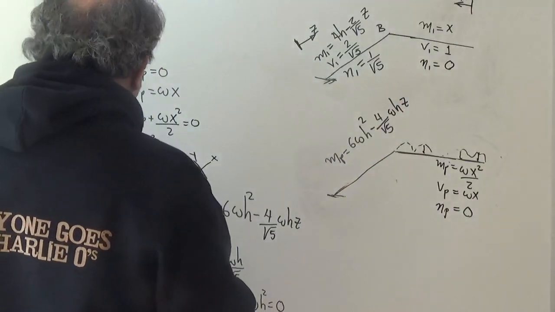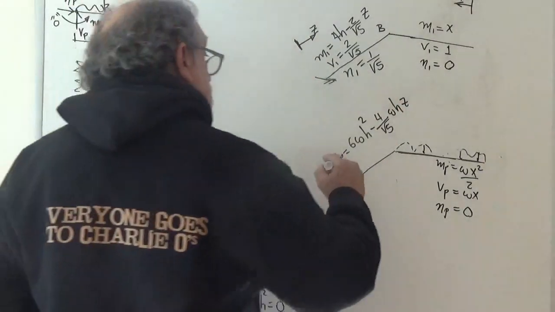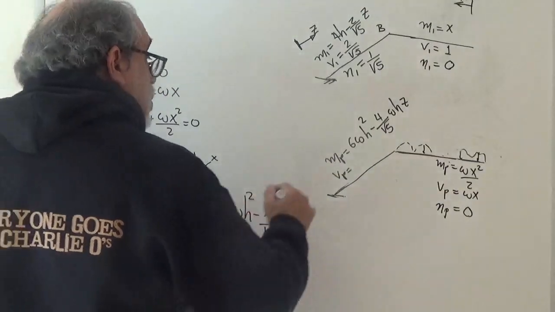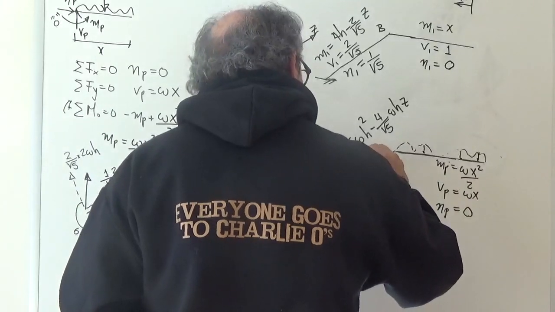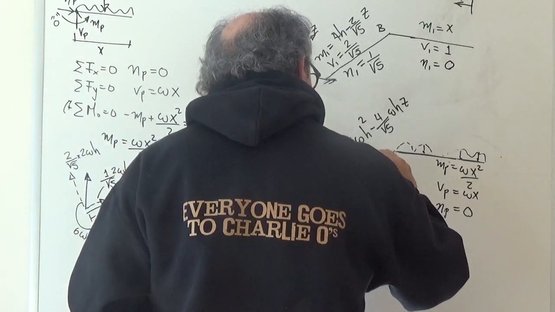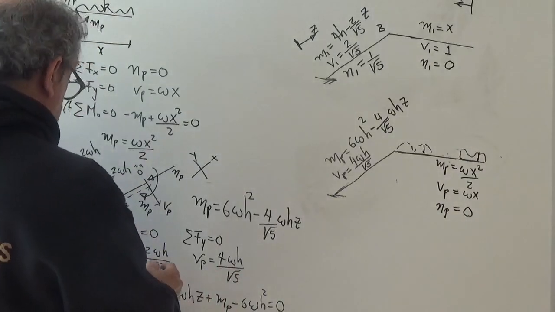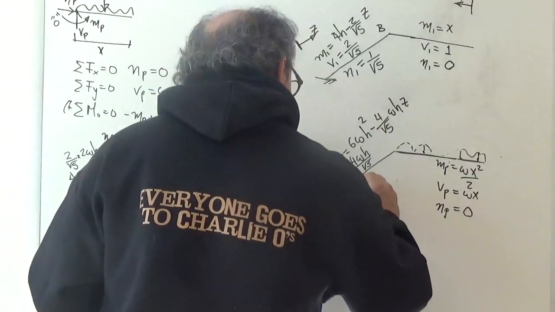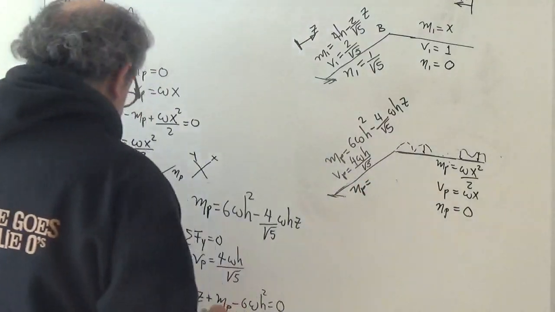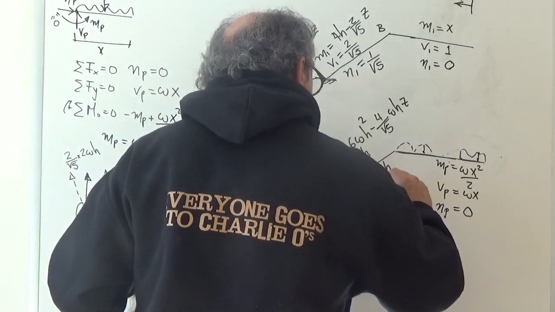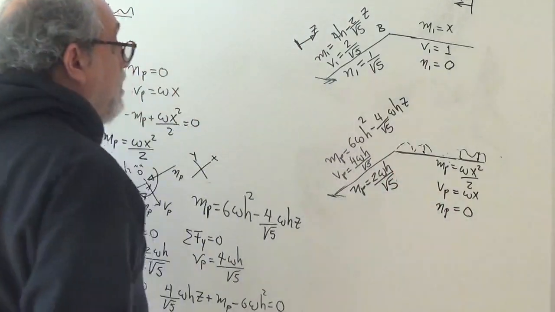We had VP equals 4WH over square root of 5. And we had NP somewhere, 2WH over square root of 5.